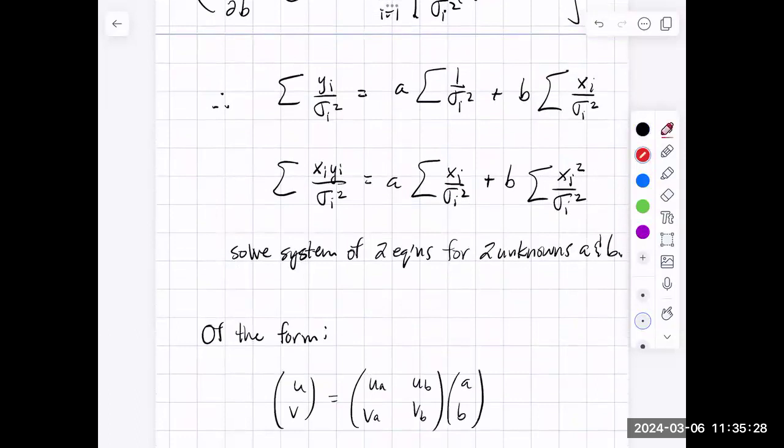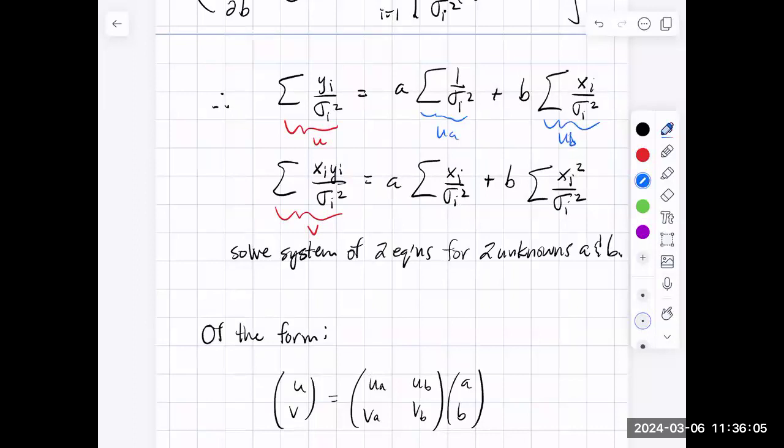Okay, so we just have to identify which factor here corresponds to these. The A and the B are obvious. This A just represents that A, and this B represents this B and this B. Okay, so if we were to identify this thing as U and this as V, then this is going to be UA and this will be UB.